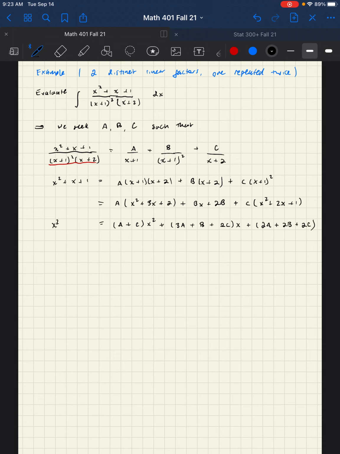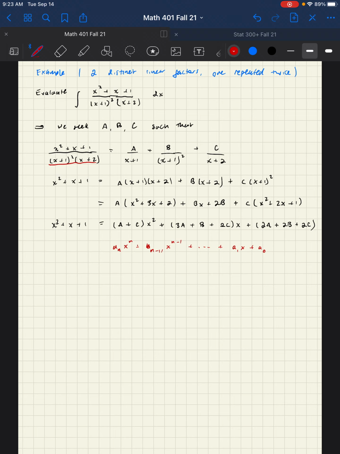Okay, the reason why I'm writing it like that is I want to make clear what's happening here when we say we can split this into 3 equations. And it's a fact of polynomial algebra. Basically, it's this. Every polynomial can be uniquely expressed in the form a sub n x to the n plus a sub n minus 1 x to the n minus 1 all the way down to a sub 1 x plus a sub 0, okay?